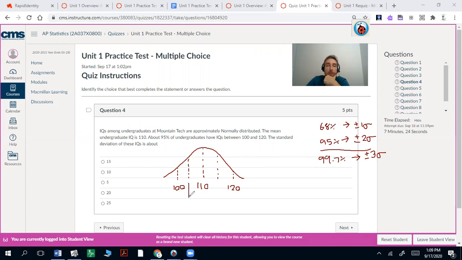You're going to have a 105 and a 115. So that's counting by 5s. That's 5, 5. So that standard deviation would be 5. Question number 5.